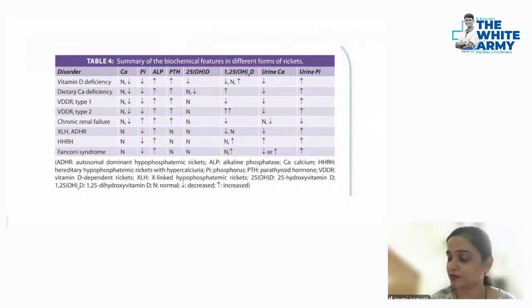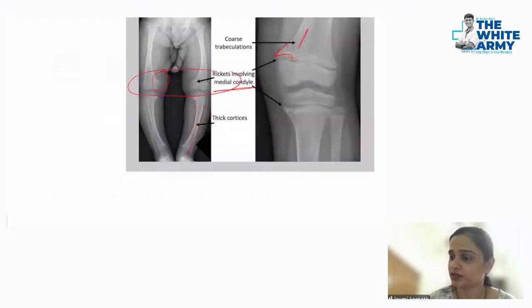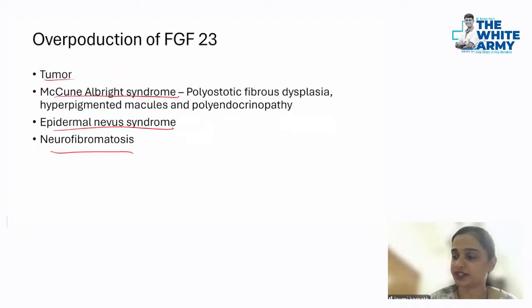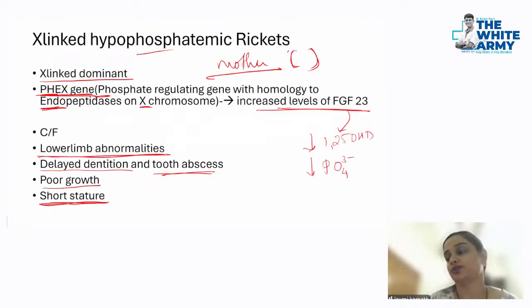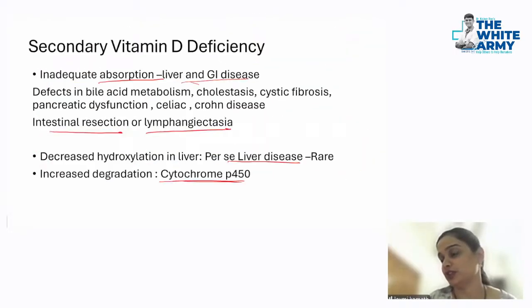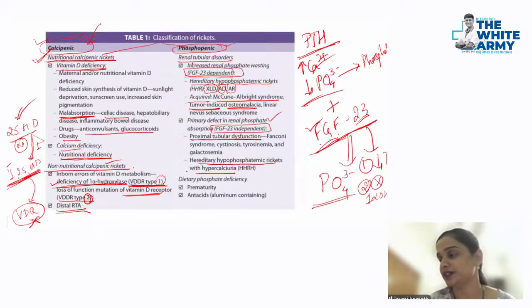So either it is a problem with the proximal tubular dysfunction or distal tubular dysfunction. Correct? So if you remember these two tables, then it should be sorted. You should just remember these two tables for understanding refractory rickets.